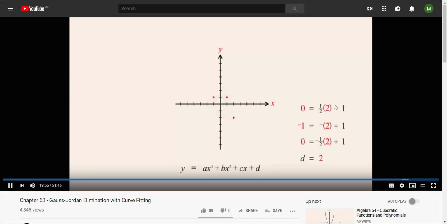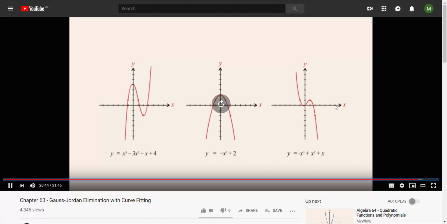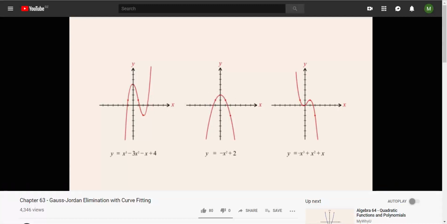Each choice gives a unique third-degree polynomial function and graph that includes these 3 points.